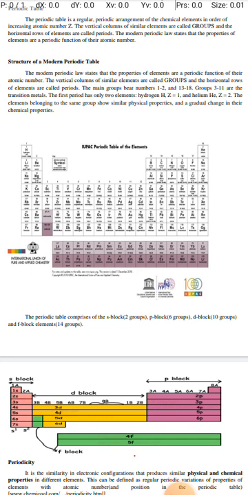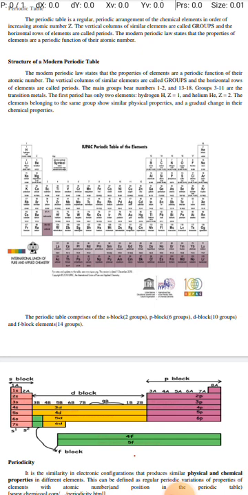The same thing, if you go down after hydrogen, you will see lithium followed by beryllium. On the other hand, you see boron, carbon, nitrogen, oxygen, fluorine. Those are in the same period. Hope you are getting that.